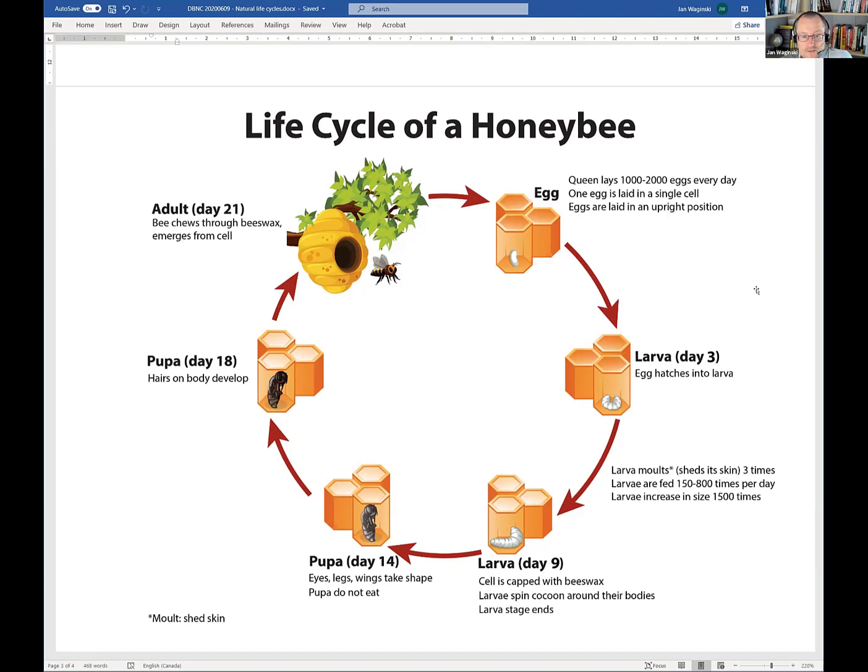All right. Any suggestions on how to group this information or organize this information? I say the life cycle of a honeybee includes 6 stages, like as an introduction.